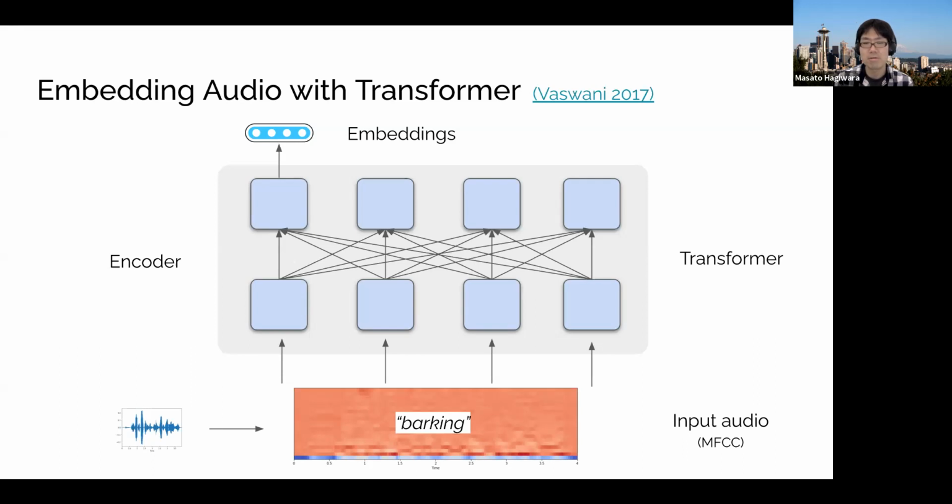For example, Google Translate uses this transformer to translate between human languages. It's in production. And a lot of language applications use transformers to process and convert textual information. The way the transformer works is very different from CNNs or RNNs.